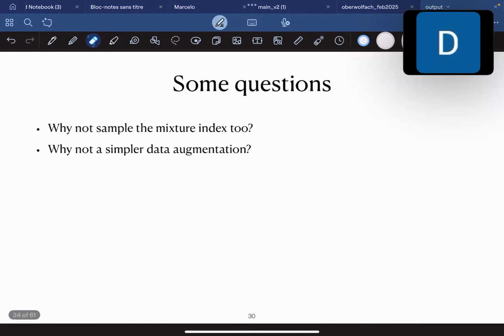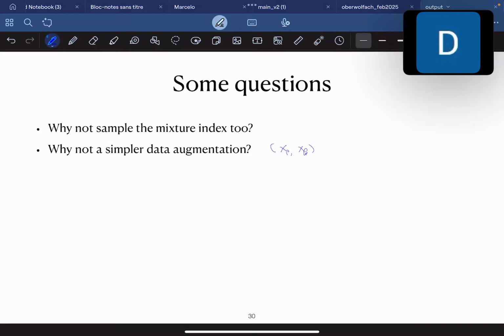The second question that you may wonder is, why not consider a simpler data augmentation scheme? Because you could proceed as before and use a Gibbs sampler just focusing on XL and XK.